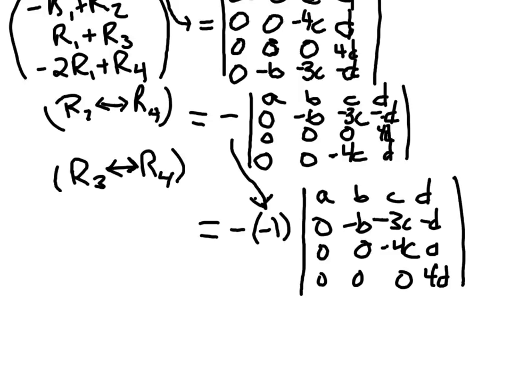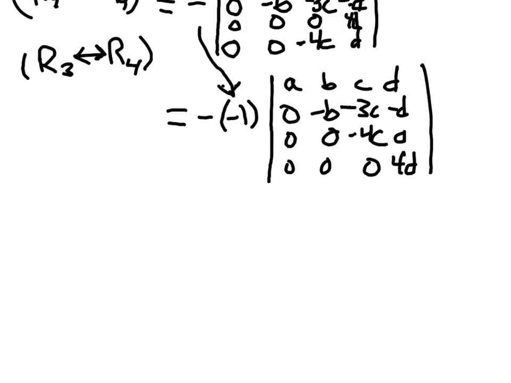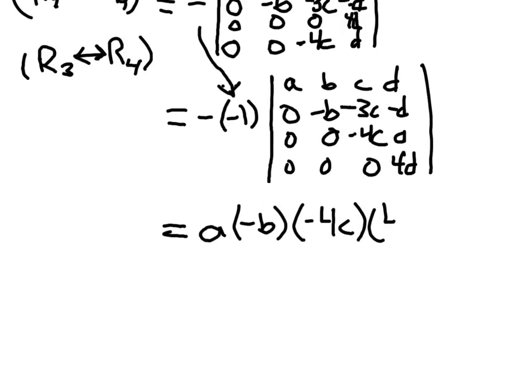And we had a theorem in section 3.1, at the very end, that said that for a triangular matrix, the determinant is equal to the product of these entries along the main diagonal. So the original determinant is equal to a times negative b times negative 4c times 4d.